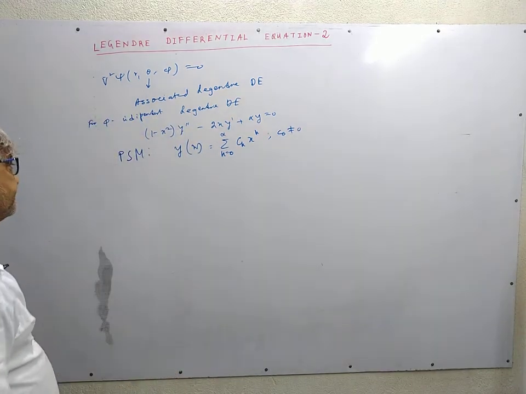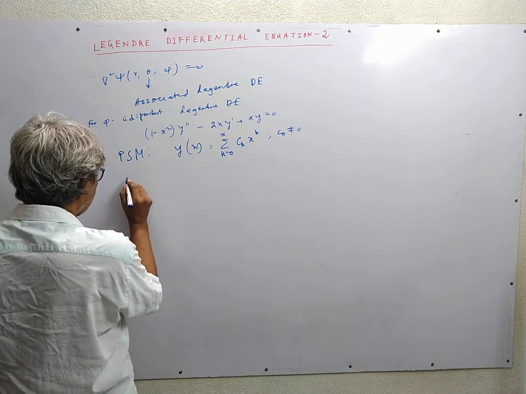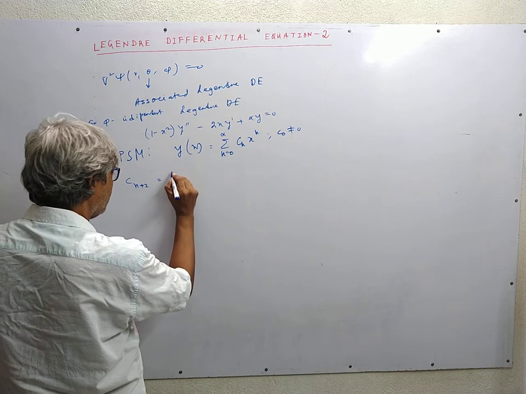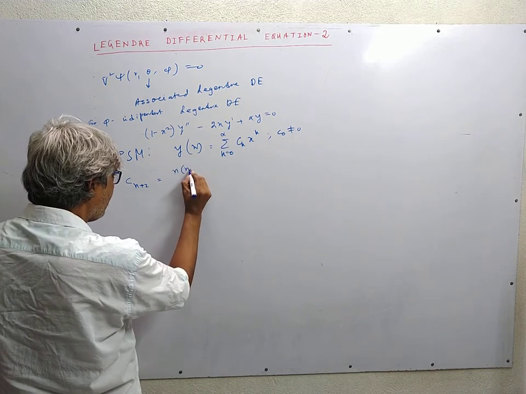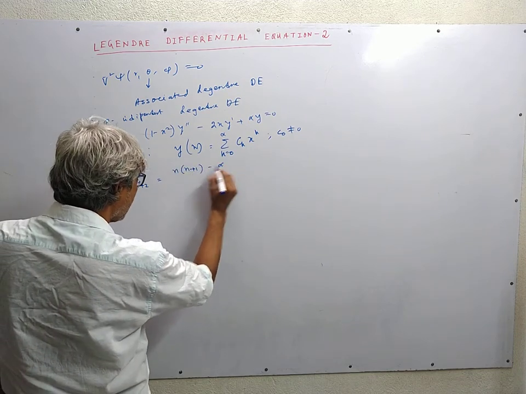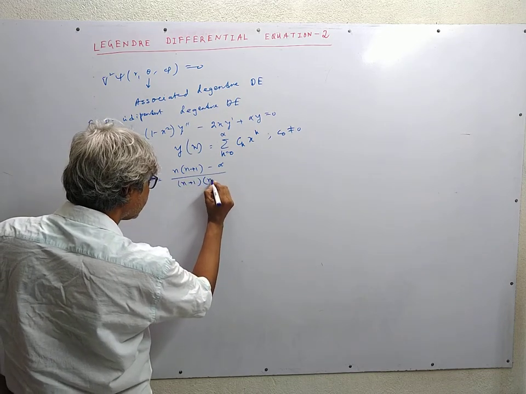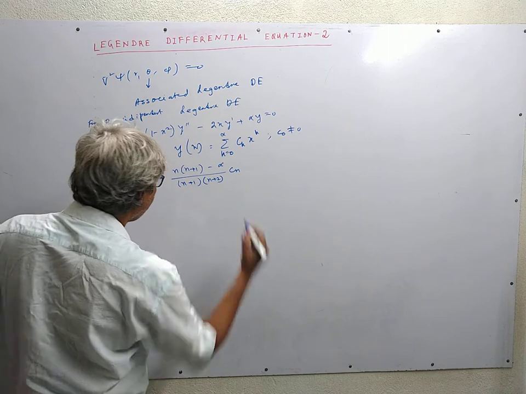Then we arrive at the recurrence relation: C_(n+2) is equal to (n(n+1) minus alpha) divided by (n+1)(n+2) times C_n.